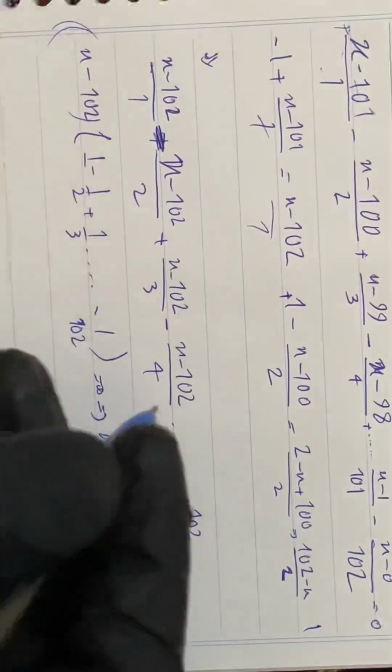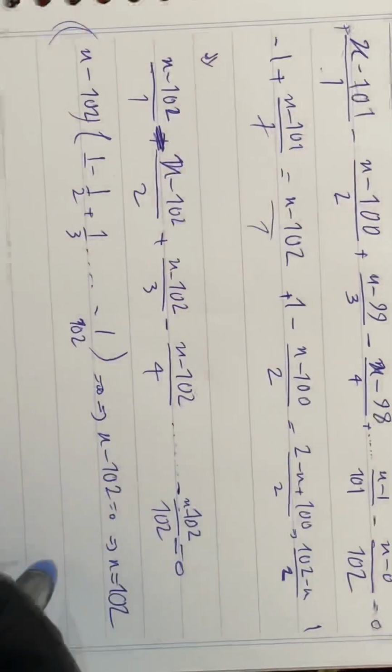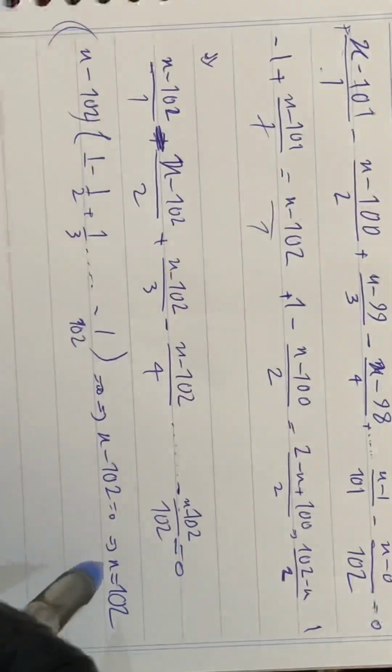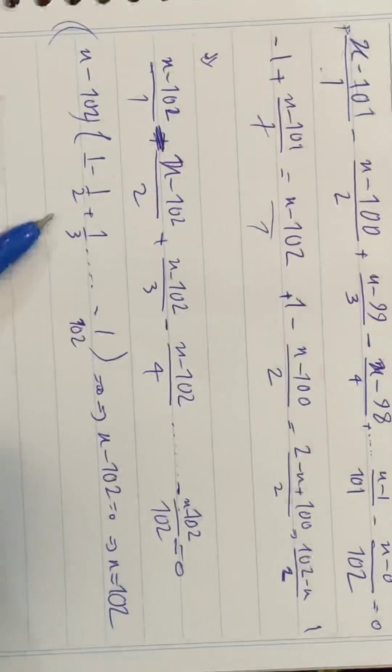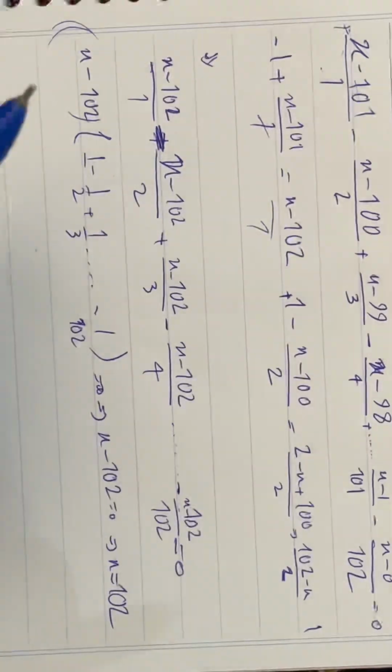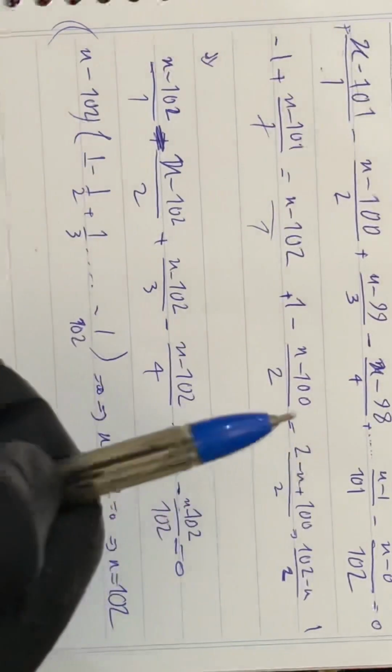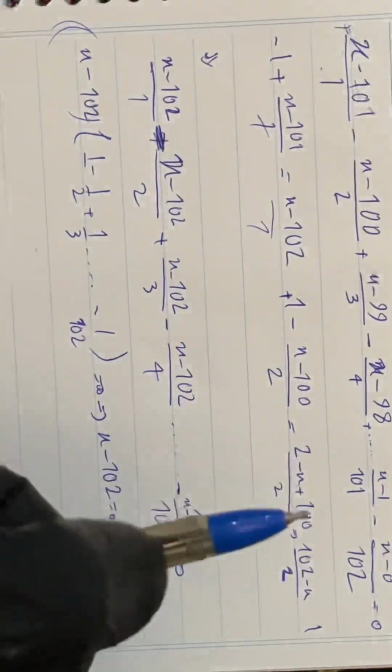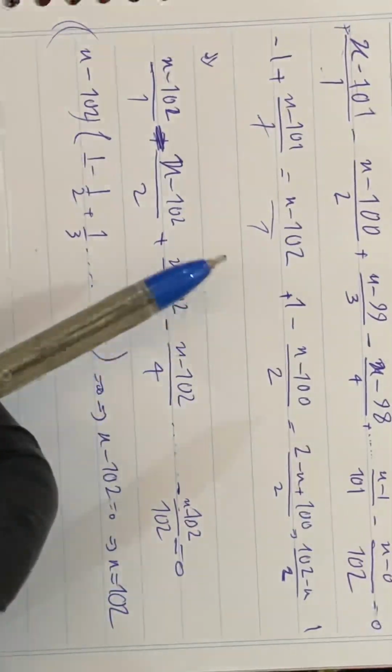So what was the whole idea? The whole idea was to work with these fractions to reach something sweet, something that you will be able to work with. To do so, I told you the method. What was the method?